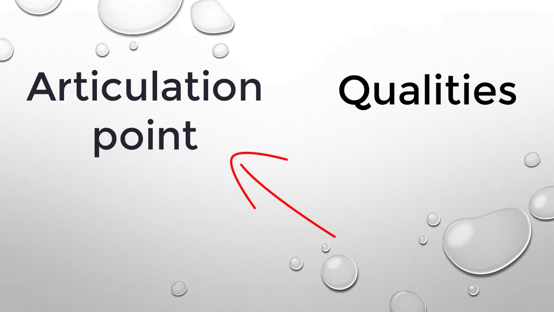So, where the letter comes from specifically, does it come from the lips? Maybe it comes from the tongue, maybe from the throat. So, each letter is pronounced from a specific articulation point.